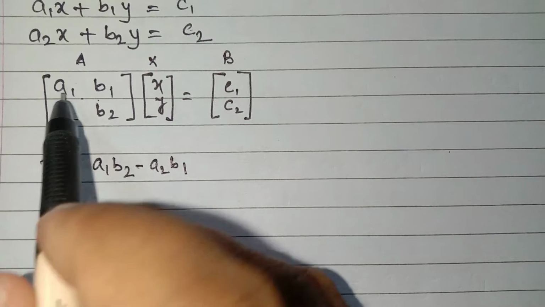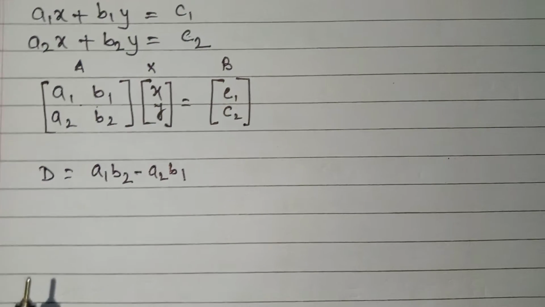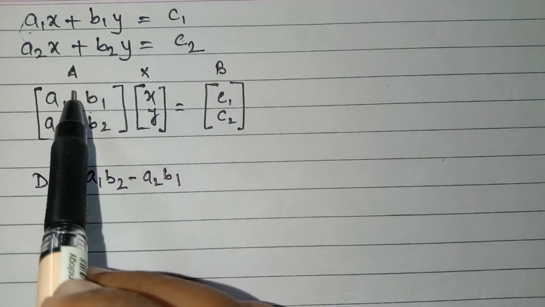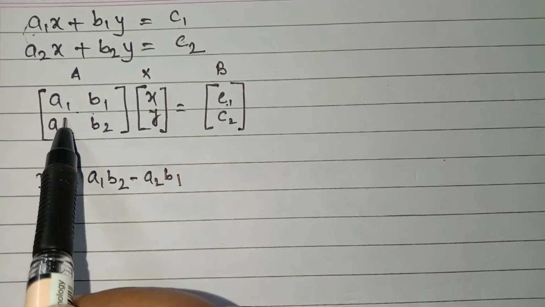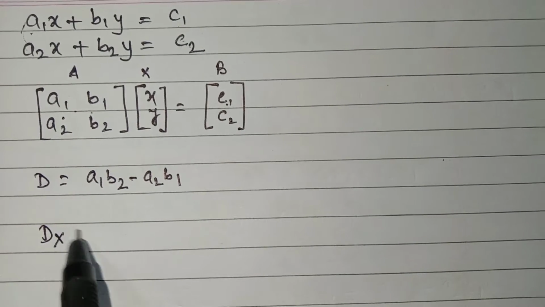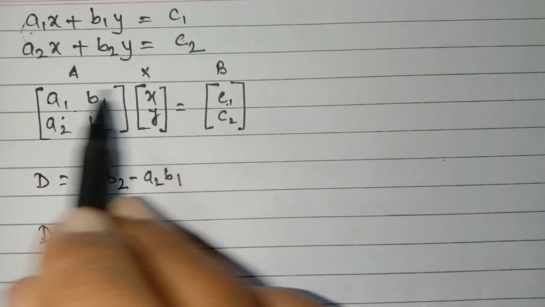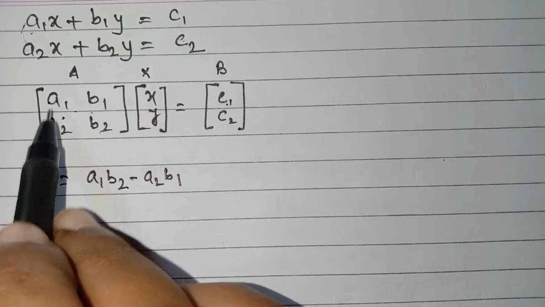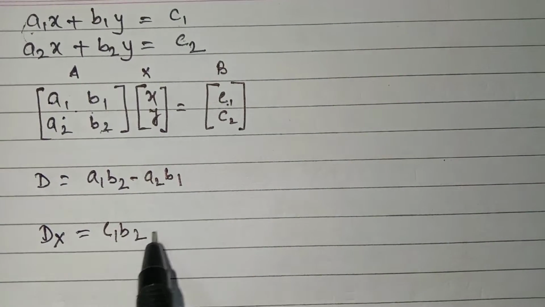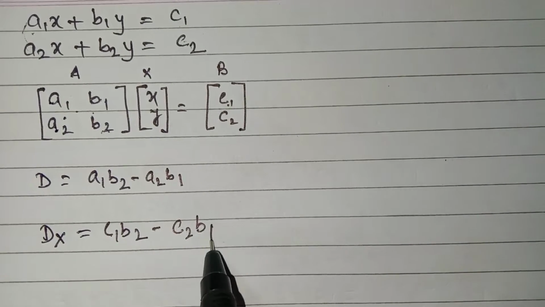If I replace the coefficients of x with c1 and c2, then I get the determinant of x, which will be c1b2 minus c2b1.